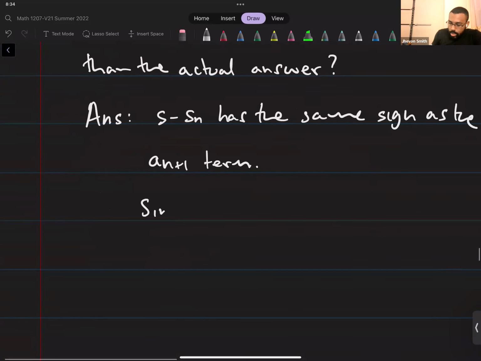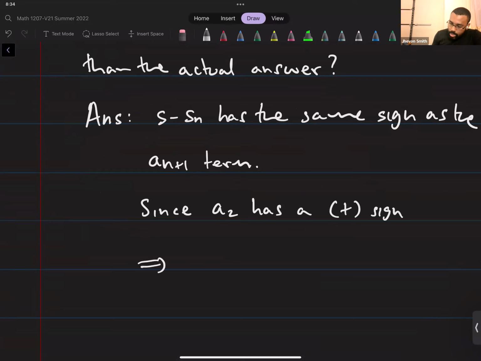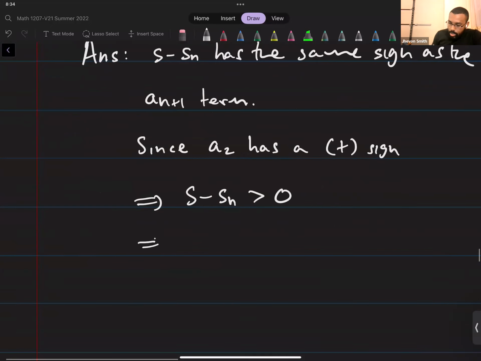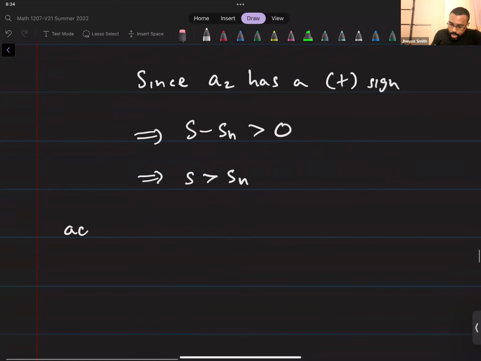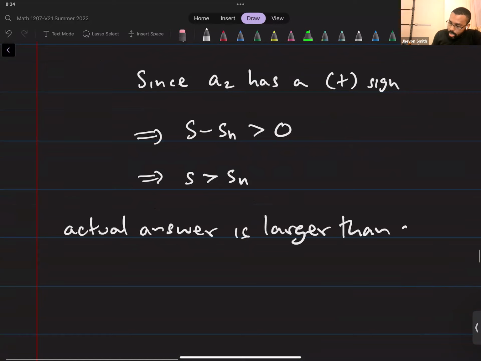So since A2 has a positive sign, this means that S minus Sn is positive. So this means S is larger than Sn. So the actual answer is larger than our approximation.